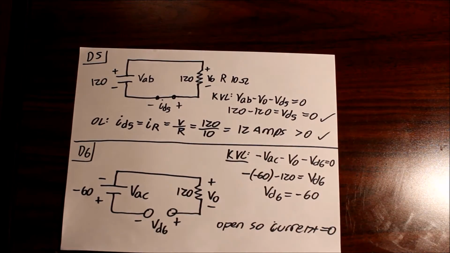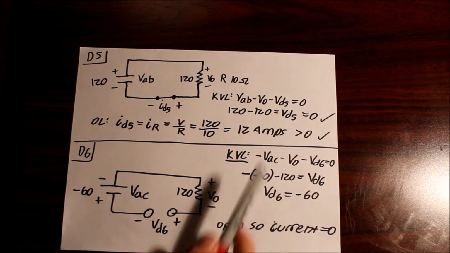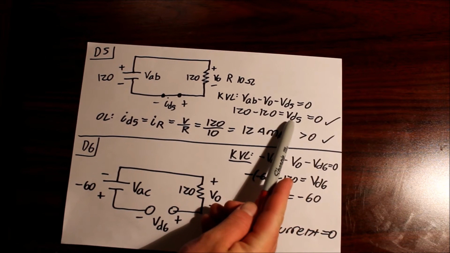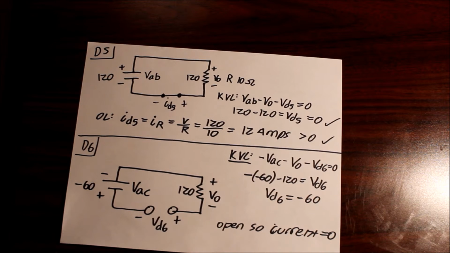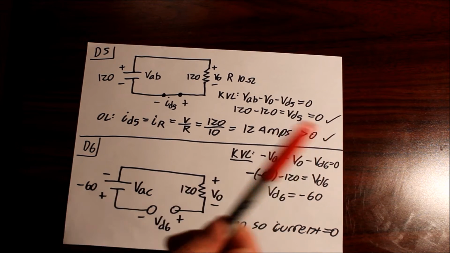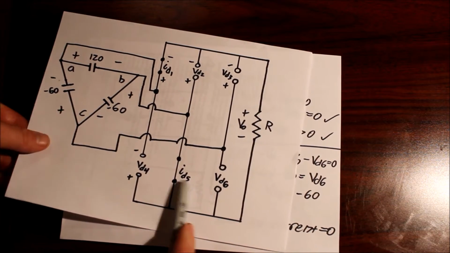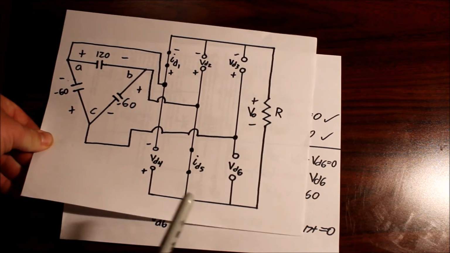So we have KVL of VAB minus V0 minus VD5 is equal to 0. Leaving that with voltage drop across diode 5 is equal to 0. We can do a little Ohm's law again. Same thing, comes out to 12 amps, which is greater than 0, so that's good. So we have proven that the conditions for diode 5 have been met.